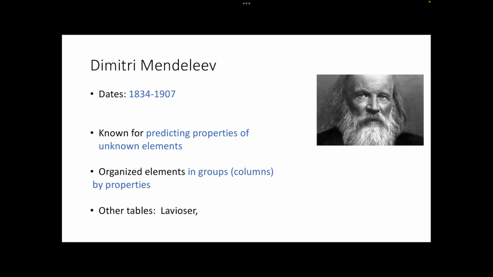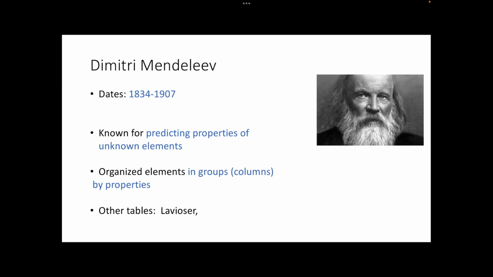There were only a couple of them, but he knew there were some slots where some elements would fit in, and he could predict how those elements would react, what their melting point would be, how heavy they would be, things like that. And he organized elements in groups, which are columns, that have similar properties.